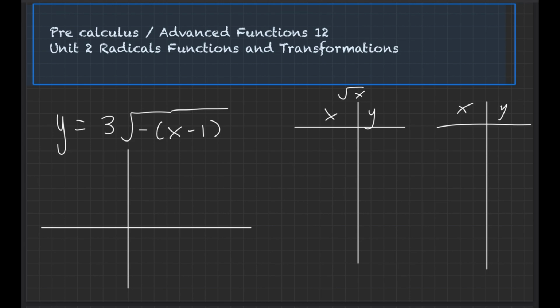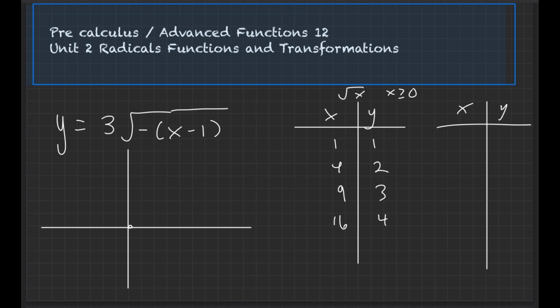So if we make a little table of values for the square root of x, if you have the square root of 1, you get 1. And remember that inside of the square root always has to be greater than or equal to 0, because you cannot square root a negative number. And the easy points are like (1, 1), (4, 2), because the square root of 4 is 2, the square root of 9 is 3, and of 16 is 4.